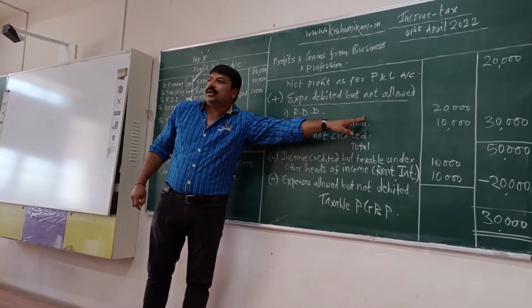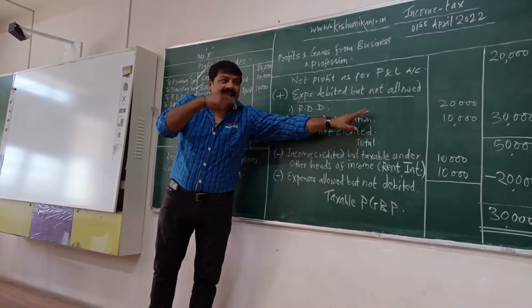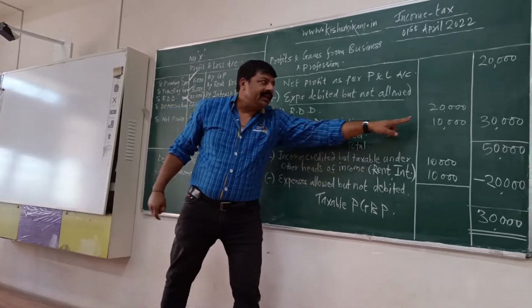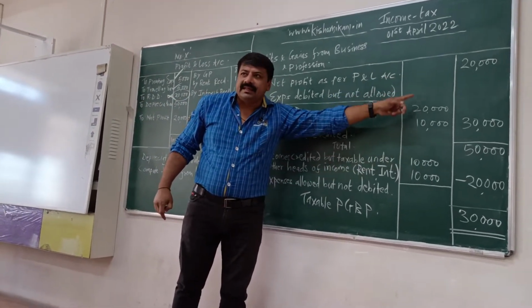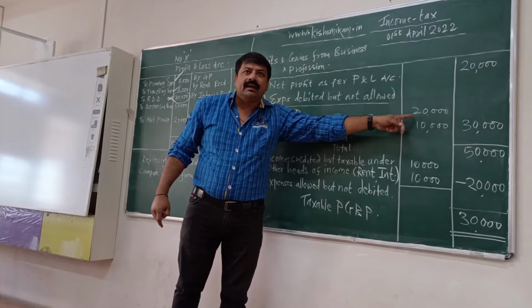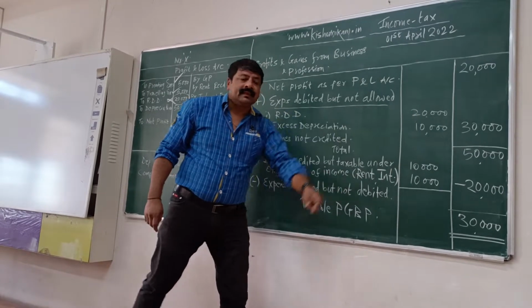Expenses debited but not allowed. Income tax officer has added RDD 20,000. So his profit will be increased now. More tax will be payable. He will pay more tax.